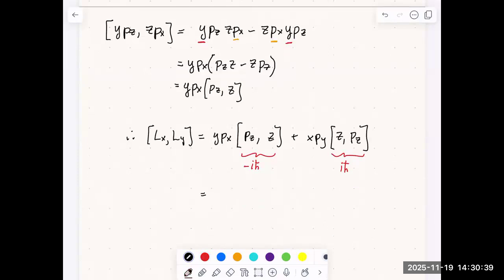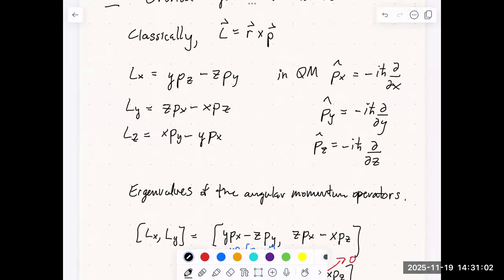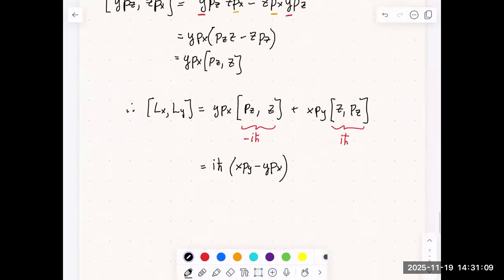And so what we get is i h bar times x py minus y px. But x py minus y px, that's just the z component of the angular momentum. So this is equal to i h bar Lz.